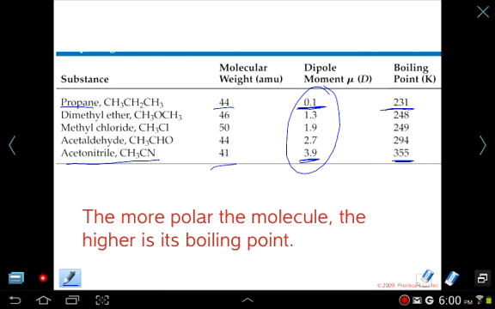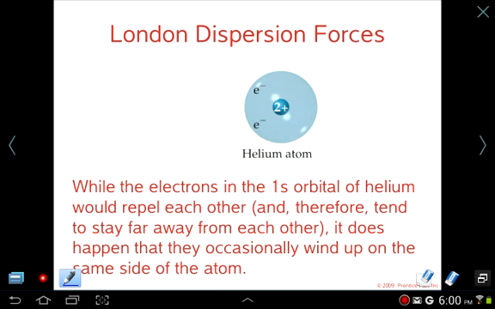This is quite a bit below 0 degrees Celsius, so negative 40 or so. So propane is a gas at room temperature, is the idea. So the polarity has a very important role to play in determining the physical properties. Remember, in order to cause a substance to boil, you have to break this bond that's keeping the molecules together.